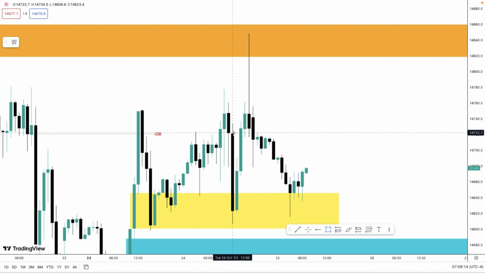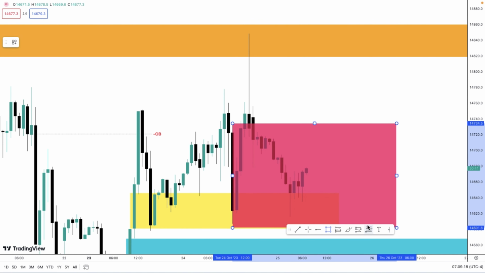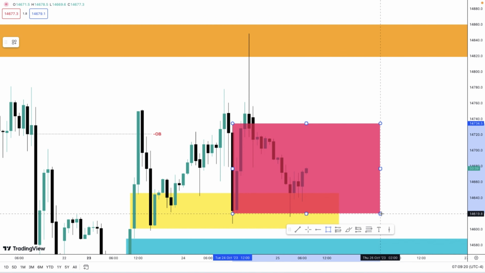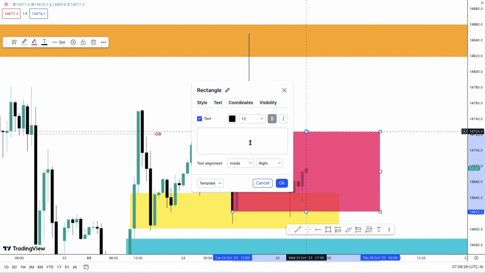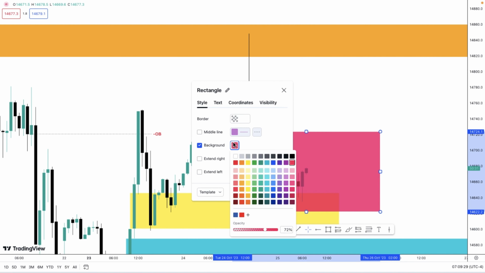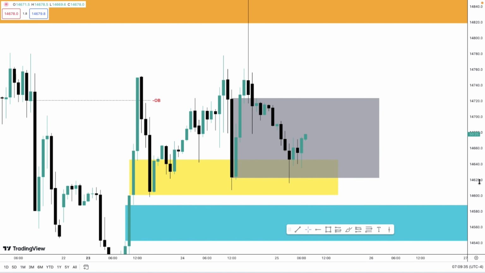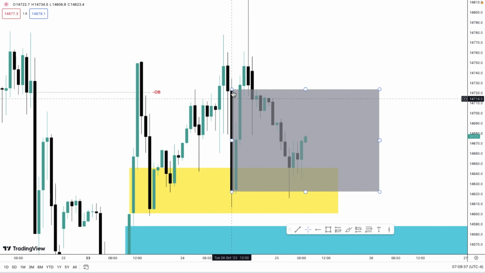So we extend that in time. As you can see, price is currently trading inside the breaker block. But let me only cater for the bodies of the breaker block, just to make it more accurate. So I'm just going to mark this gray. We're trading inside the breaker block. So this candle here, that's the breaker block.